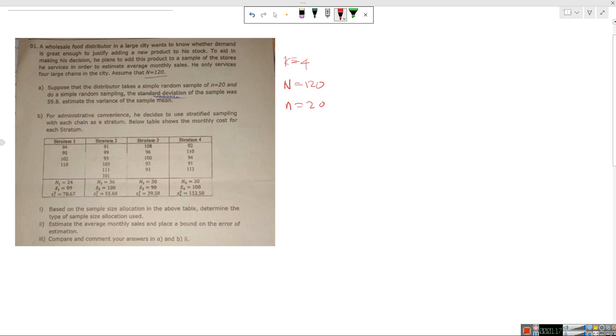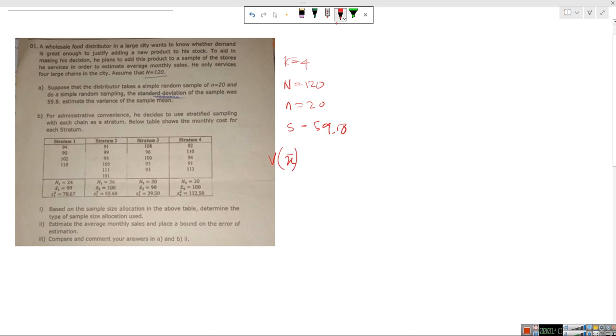They have given the standard deviation of the sample, so that is not S squared, that should be S. They have given the S value, that is 59.8. Estimate the variance of the sample mean, so the variance of X bar is asked here.